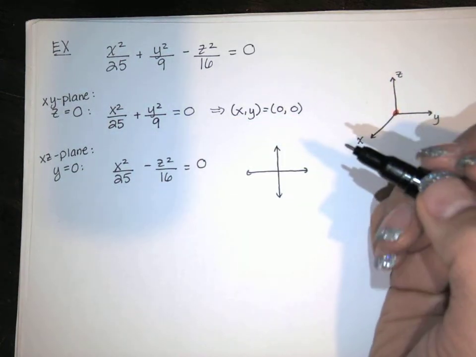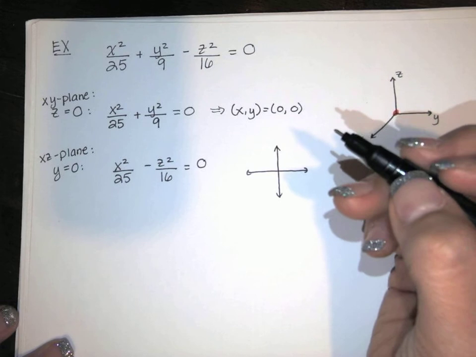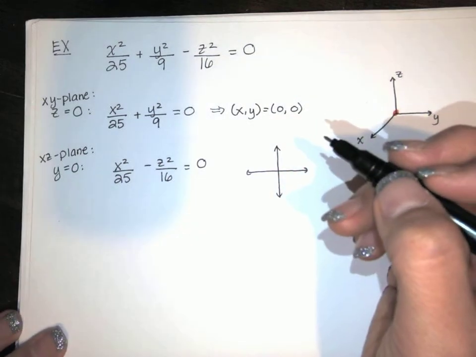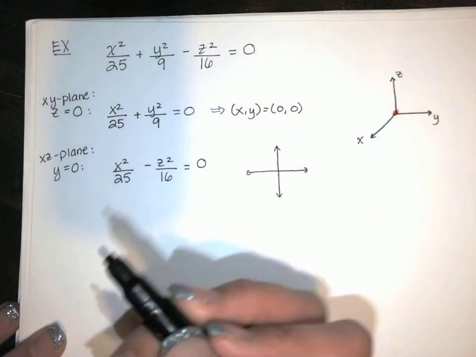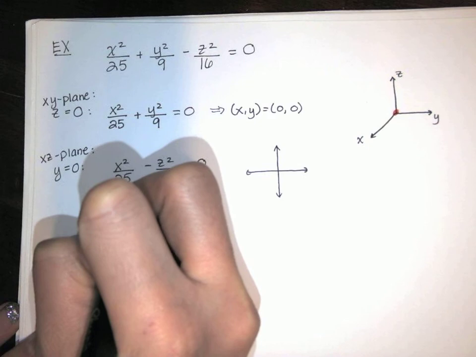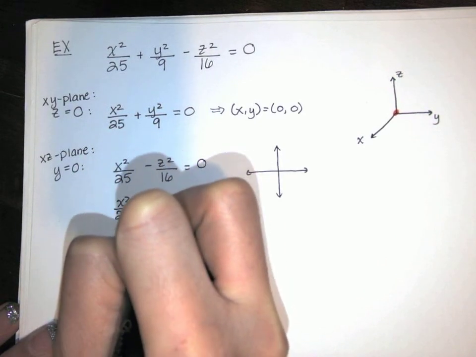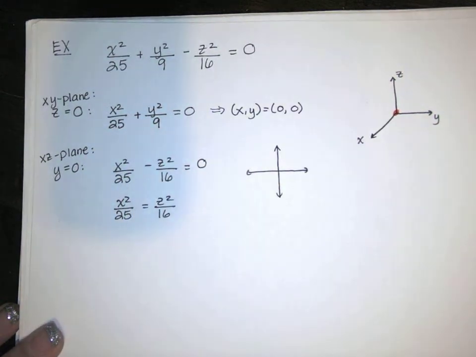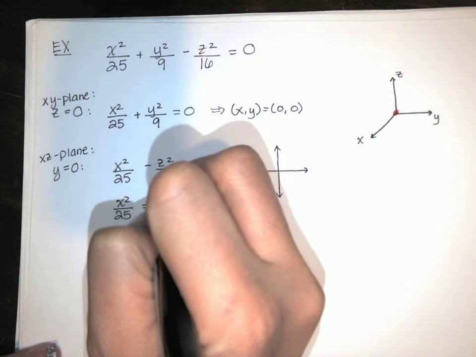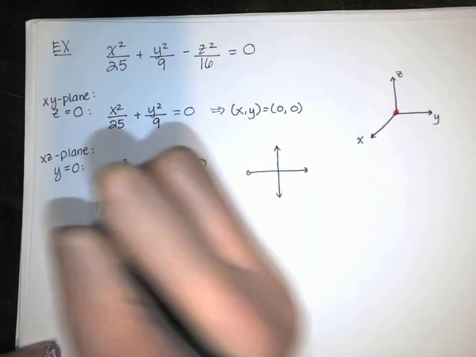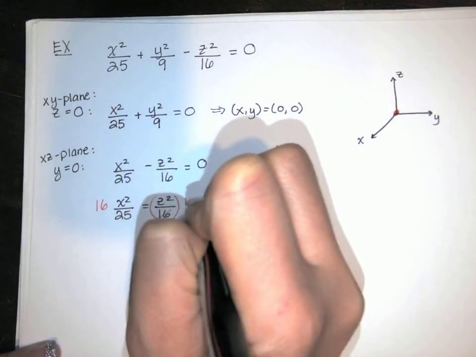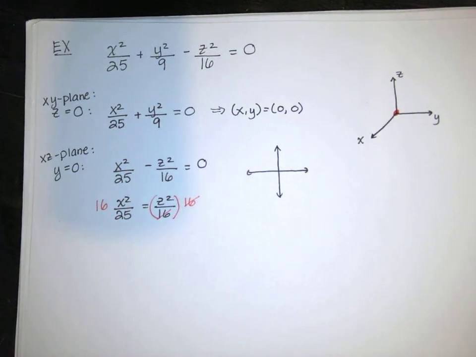And it's just the way we tend to look at things in this class. Not always, but most of the time we do. So I'm getting z by itself, so I will add z squared over 16 to both sides. I'm going to multiply both sides by 16, so those guys are gone.